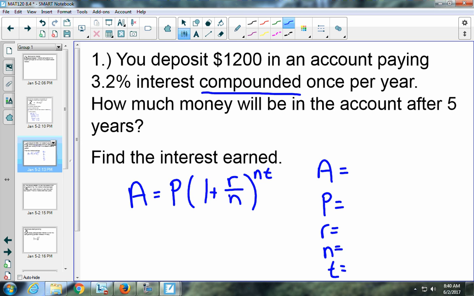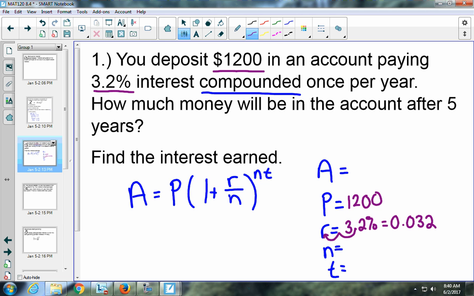If I read through the problem, you deposit $1,200. The amount I deposit is always my principal. I'm going to fill that in for P. In an account paying 3.2% interest. That is my interest rate. I fill that in for R. Remember, our interest rate always has to be in decimal form, so I bump my decimal point 2 places to the left to get 0.032.